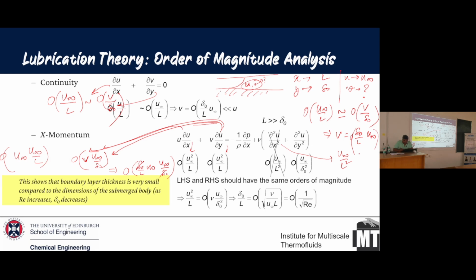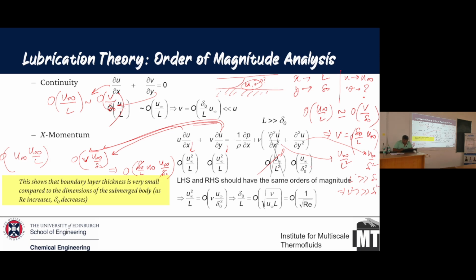L is much larger than delta, so therefore L squared is much larger than delta naught squared. So that means u infinity by L squared is approximately 0. L is a big quantity, L squared is far bigger quantity, 1 over L squared is far smaller.